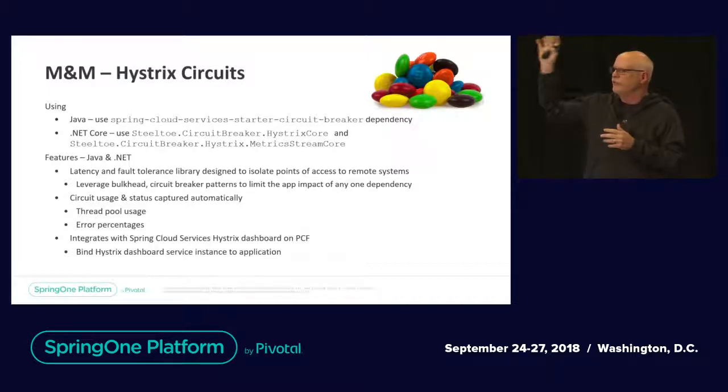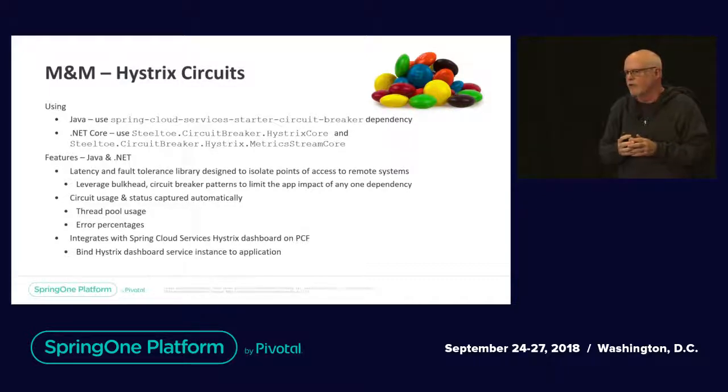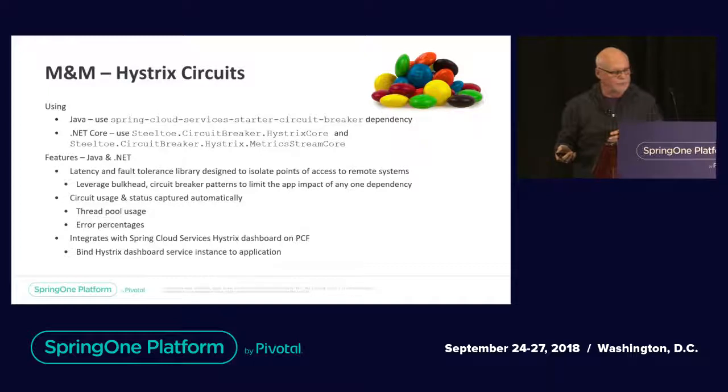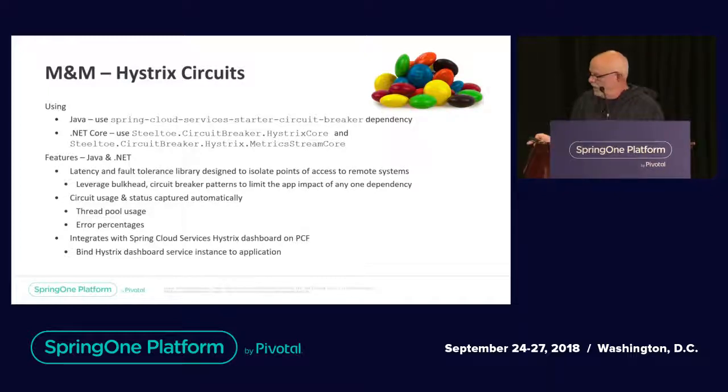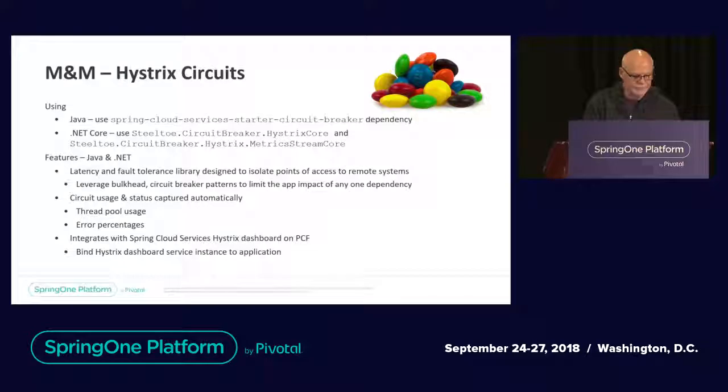Think of each of those external dependencies as being a circuit, and we capture performance metrics and status information for all of your circuits. And again, this works both across Java and .NET, the same way consistently. And I'll be demonstrating how this integrates with the Hystrix dashboard on PCF, so you can see how that works in the Java and .NET world.